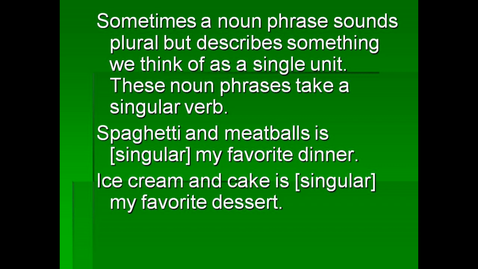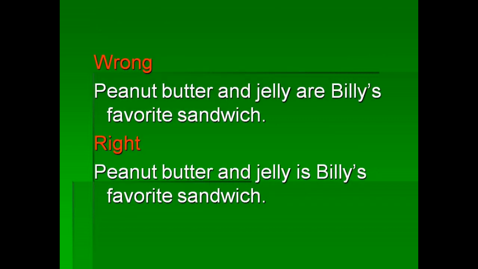So you should check that sometimes a noun phrase sounds plural but describes something we think of as a single unit. Spaghetti and meatballs. Okay, so it is wrong to say peanut butter and jelly are Billy's favorite sandwich.